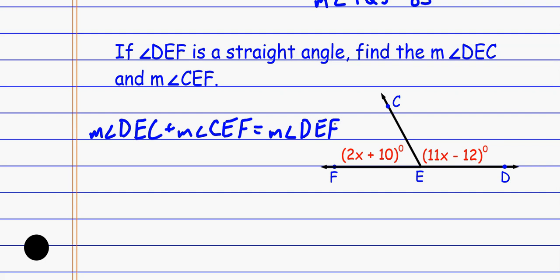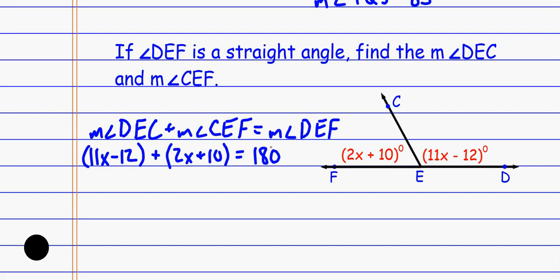That's it. And now it's just substituted in. We know that DEC is listed as 11x minus 12. We know that CEF is listed as 2x plus 10. And we know that DEF is a straight angle, which means its measurement is 180 degrees.